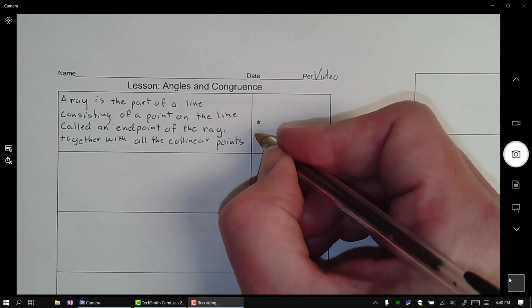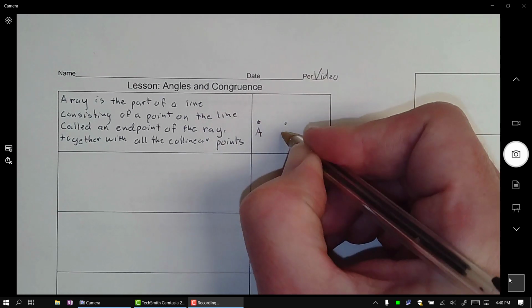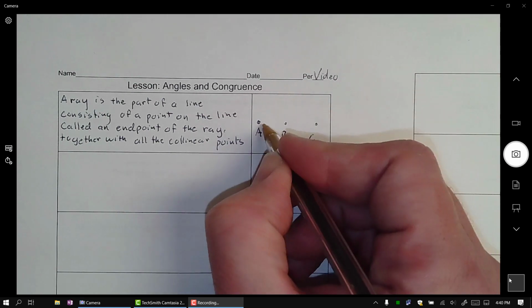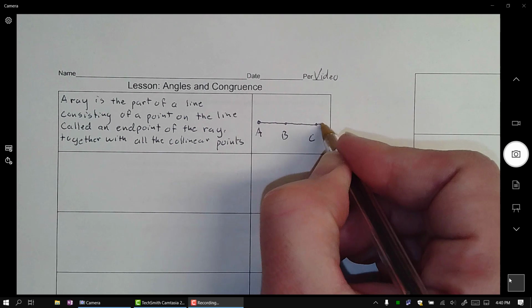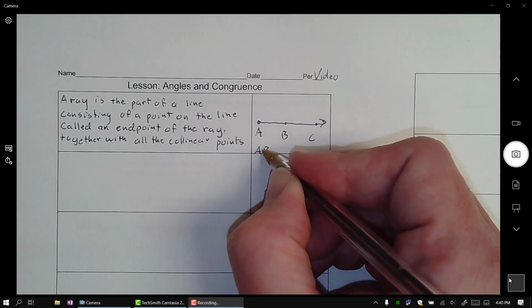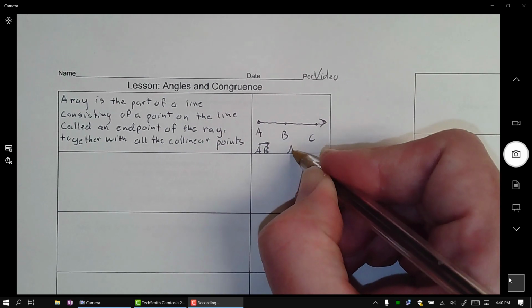So we have A, we have B, and we have C. So this would be our ray. We can call this ray AB, or we could call this ray AC.